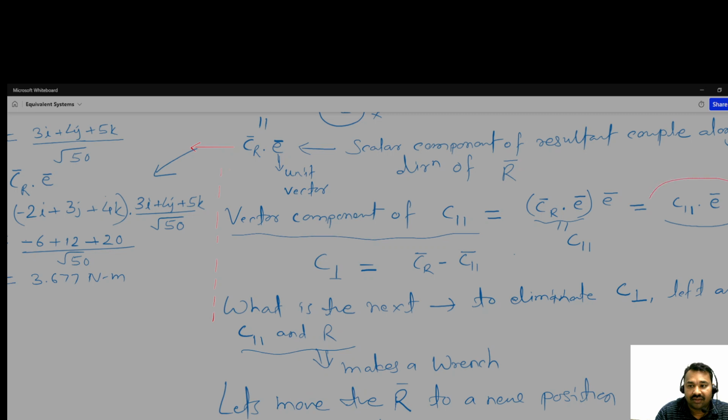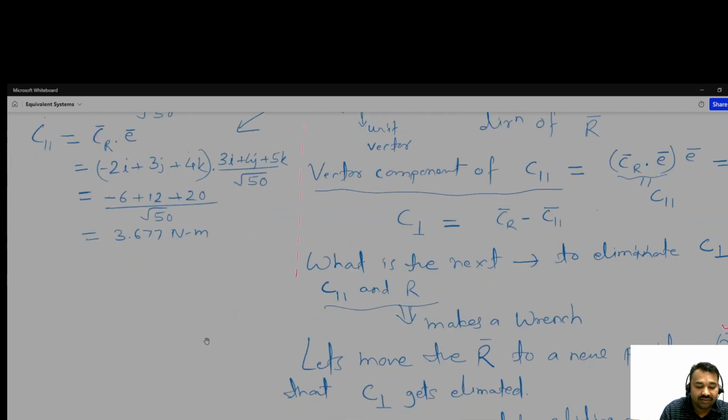So in the vector form we are going to write C parallel, the parallel component of the resultant couple, which is equal to C parallel multiplied by the unit vector. Okay, so it is already what we got.